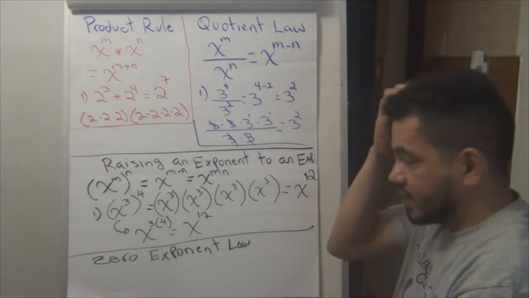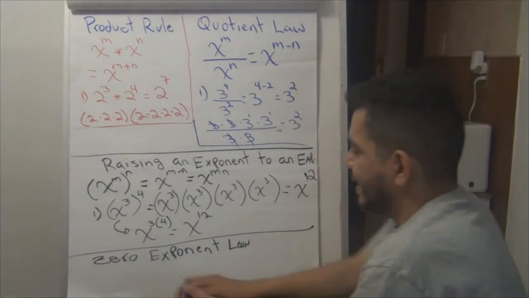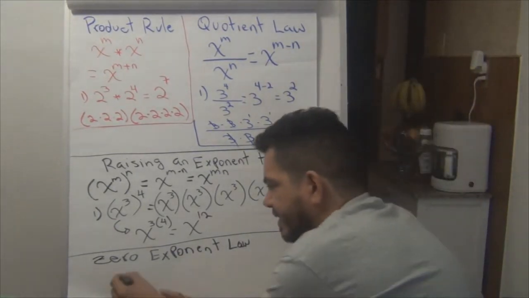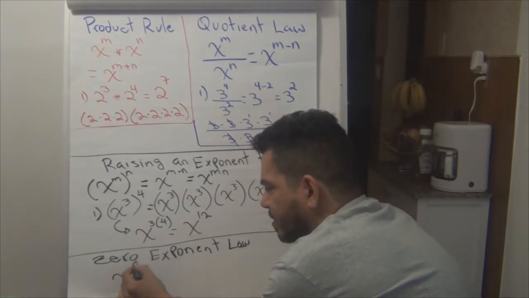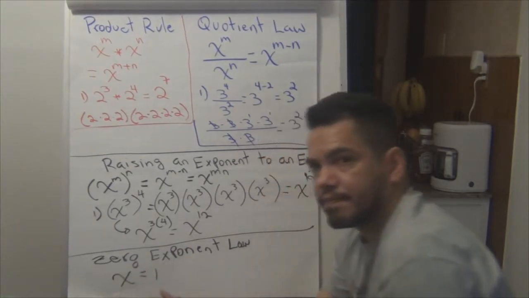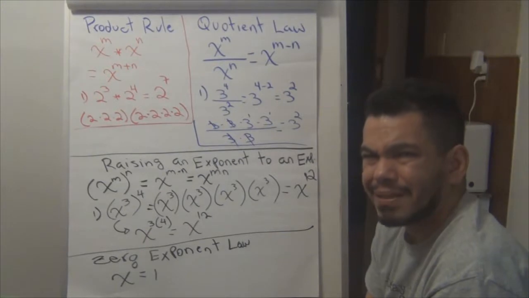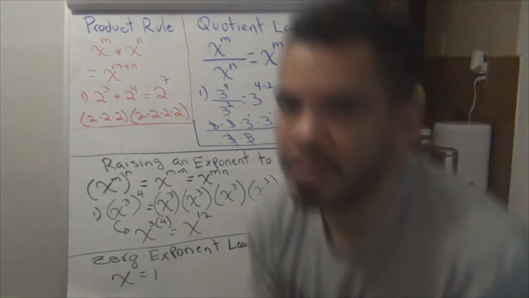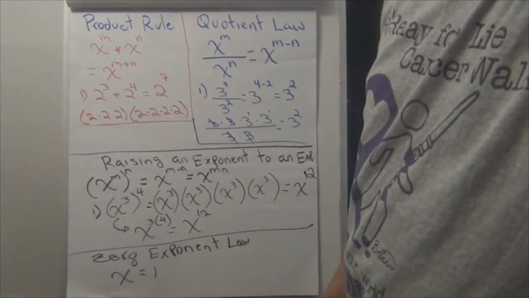Hopefully you can see this. So, look, it says that any number raised to the 0 power is equal to 1. Yeah, any number raised to the 0 power is 1.